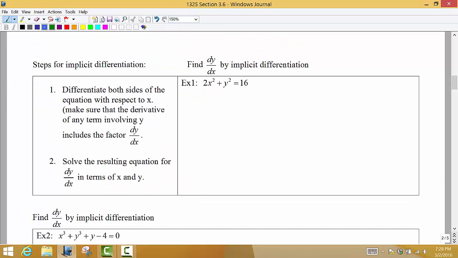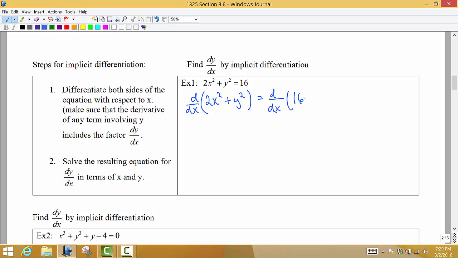All right, so let's look at this one here. Here we have 2x squared plus y squared equals 16. We want to take the derivative of both sides of this equation with respect to x. So we're going to do d/dx to both sides of our equation.